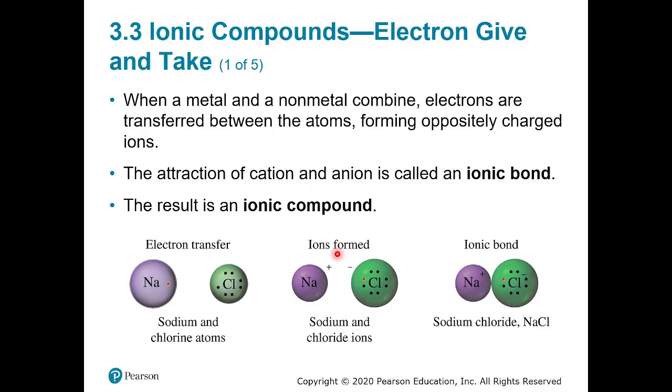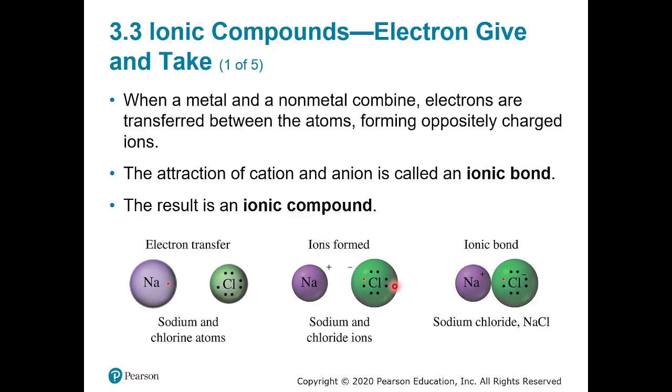And you're going to form ions. So in this case, we have sodium metal and chlorine. This is going to have the sodium losing its electron to the chlorine. When you lose an electron, you're going to be more positive. So you'll have a positive charge. When you gain an electron, you're going to be more negative. So you're going to have a negative charge, right?